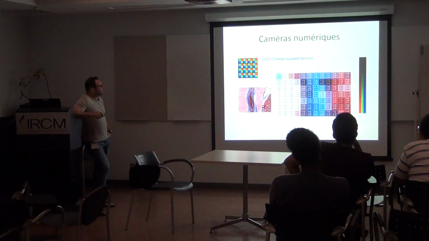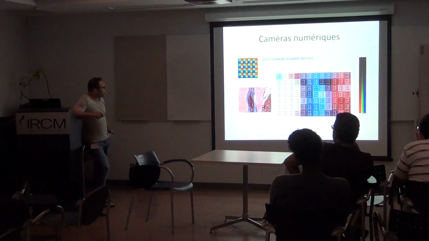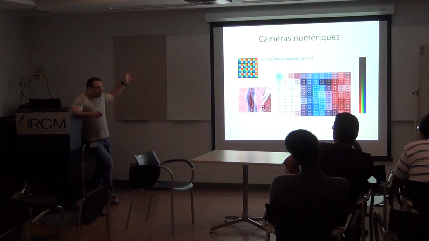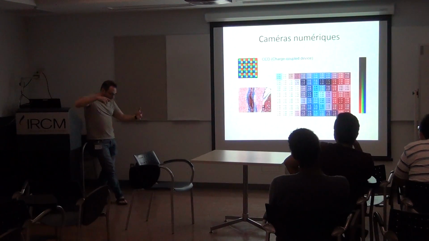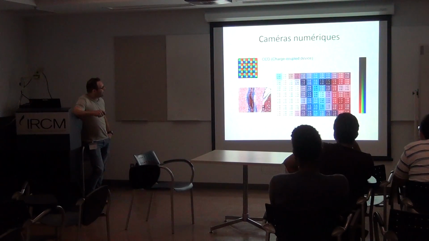And so a digital camera, to look at color, uses a CCD. You always hear that, CCD camera. So the CCD is the chip where the photons arrive. Each pixel is made of a little charge-coupled device that receives the photon and converts it to an electric current.